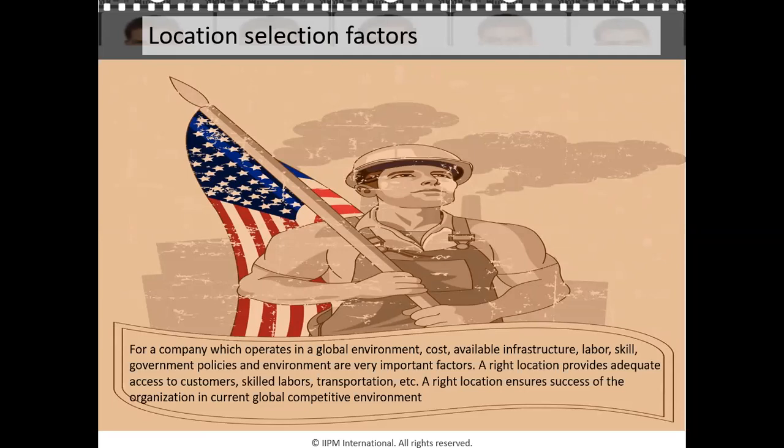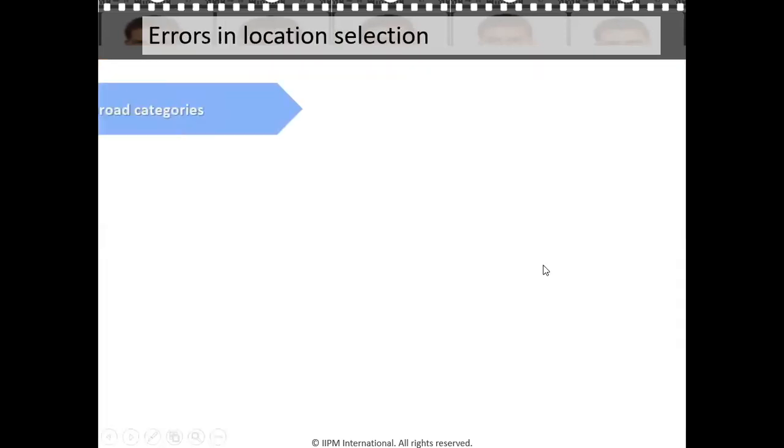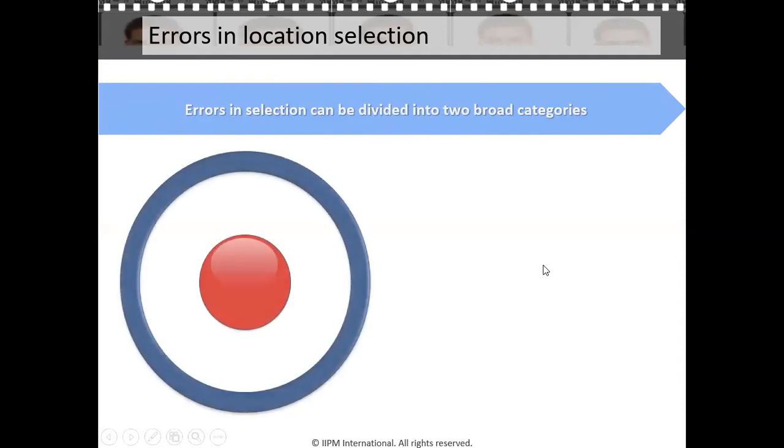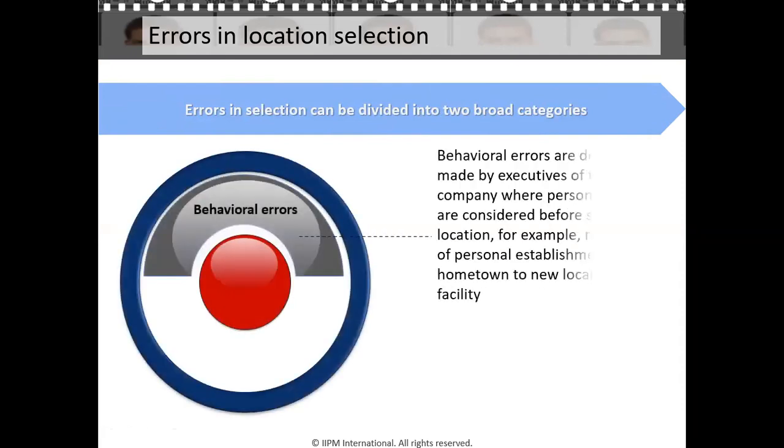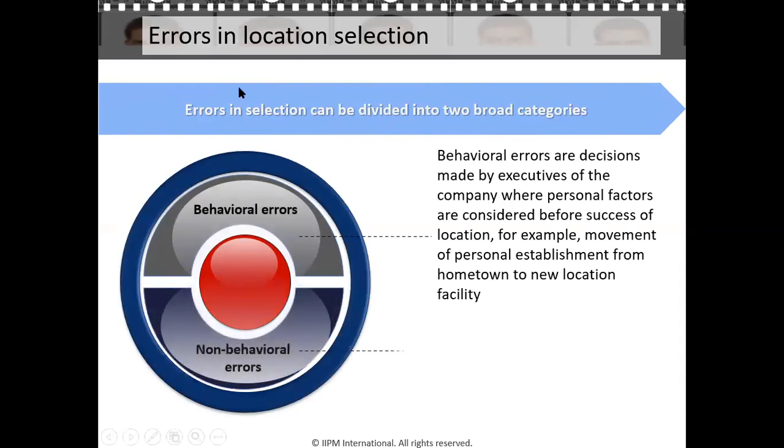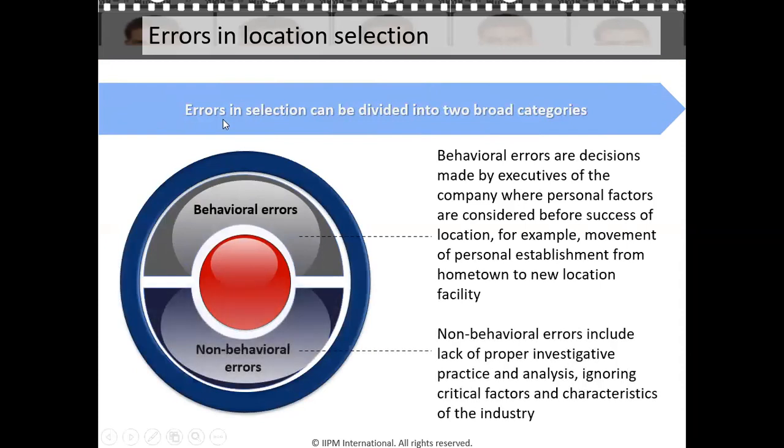A right location ensures success of the organization in the current global competitive environment. Errors in location selection can be divided into two broad categories: we have the behavioral errors and we have the non-behavioral errors.